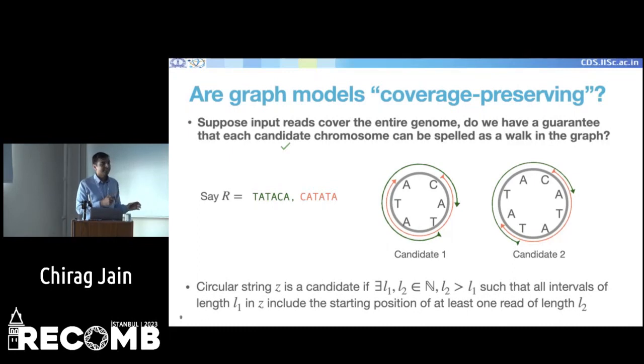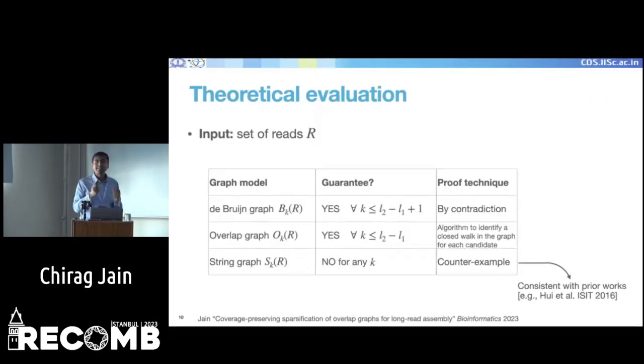So with this definition, we did a rigorous analysis of the three graph models, and we proved that the de Bruijn graph model is guaranteed to be coverage preserving if the parameter k, which is the k-mer length, is less than or equal to L2 minus L1 plus 1.